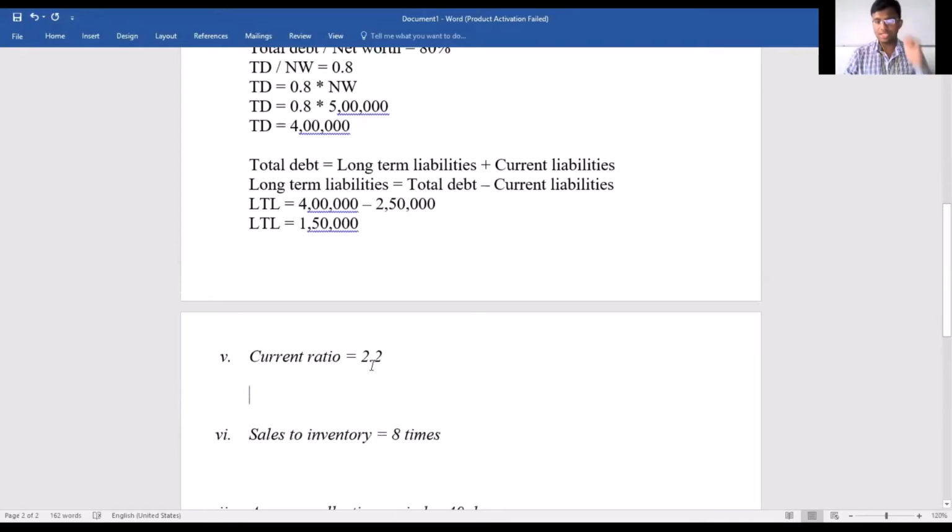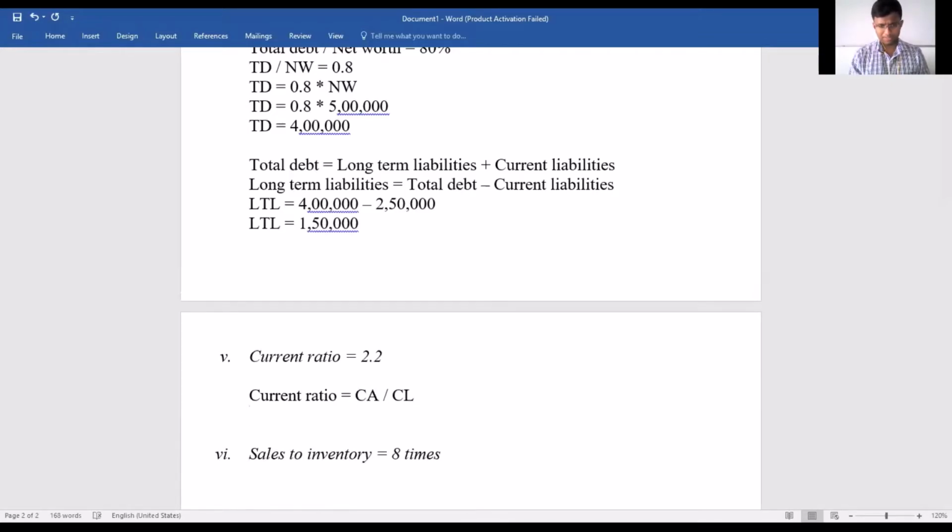The next information that has been given to us is the current ratio. We know the formula is current asset divided by current liability, which is equal to 2.2. So current asset is equal to 2.2 into current liability.